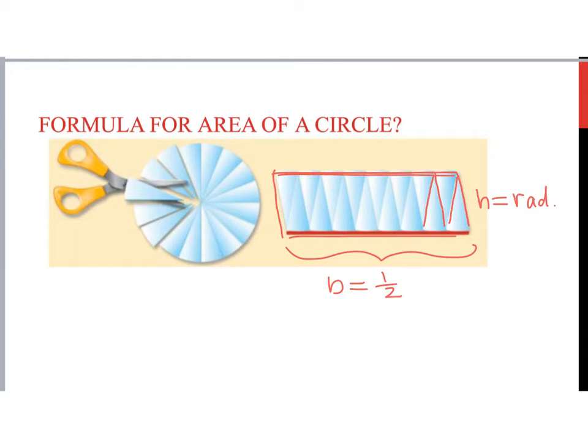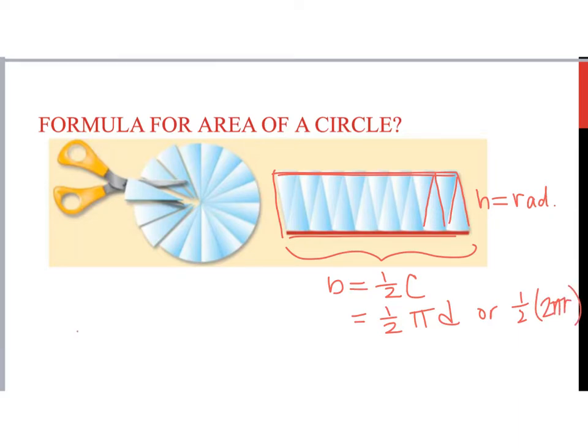So this is going to become 1/2 the circumference, and we know that circumference is equal to pi times d, or it would be 1/2 times 2 pi r.